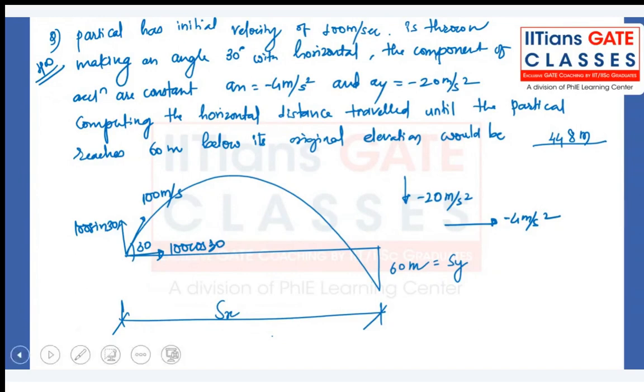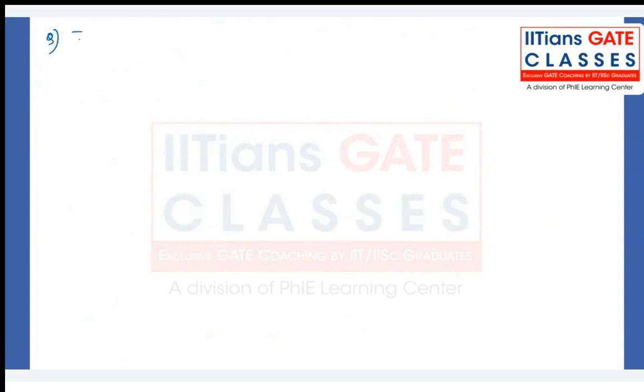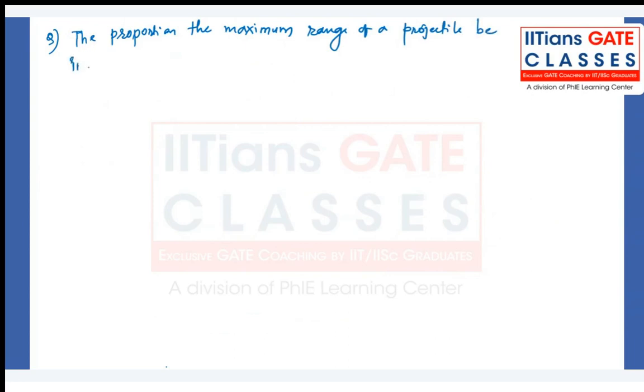Let me give you one more question, which we'll solve now. By what proportion will the maximum range of a projectile be increased if initial velocity is increased by 10%?